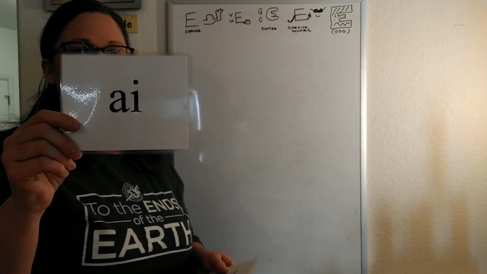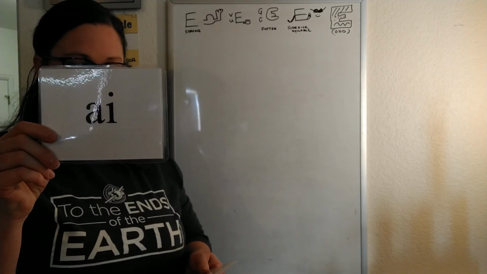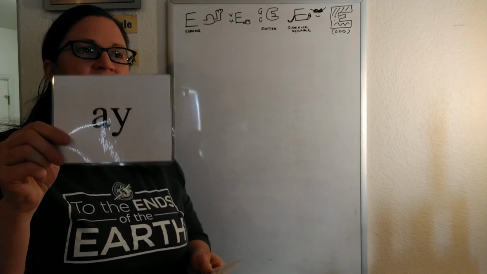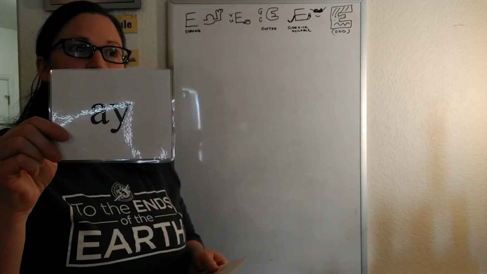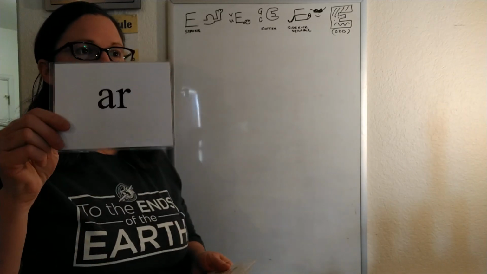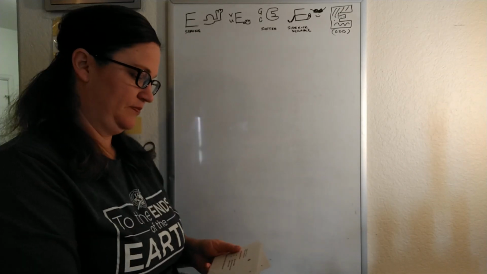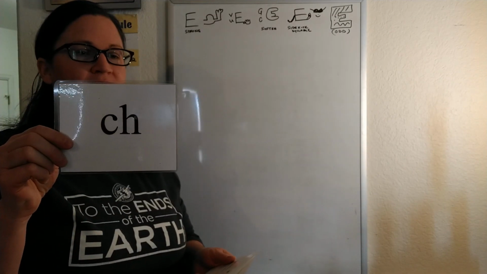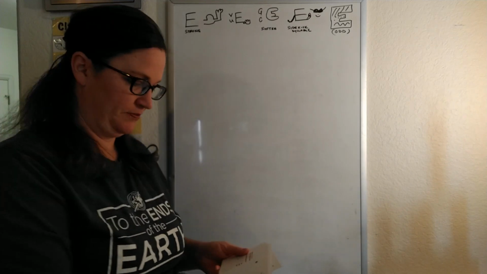Letter A that we may not use at the end of English words. Letter A that we may use at the end of English words. R, yes. Ch, k, sh.